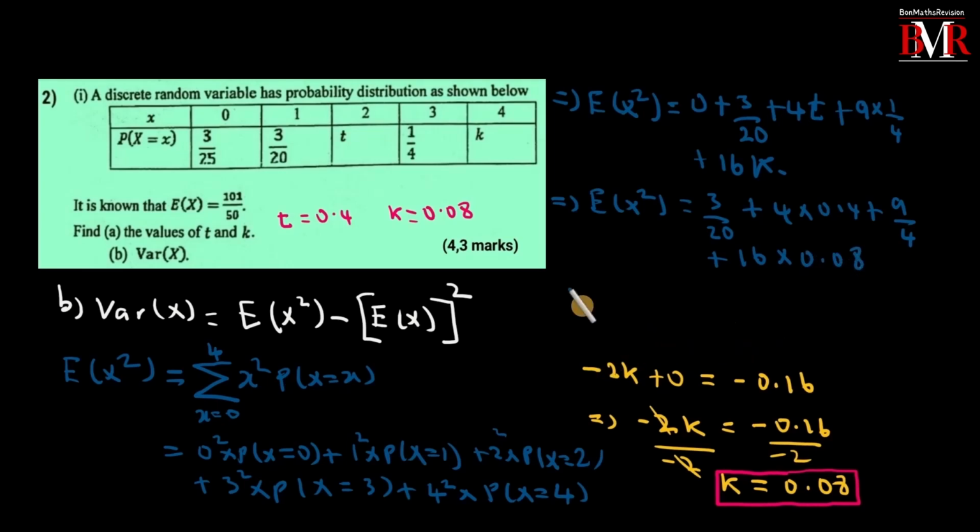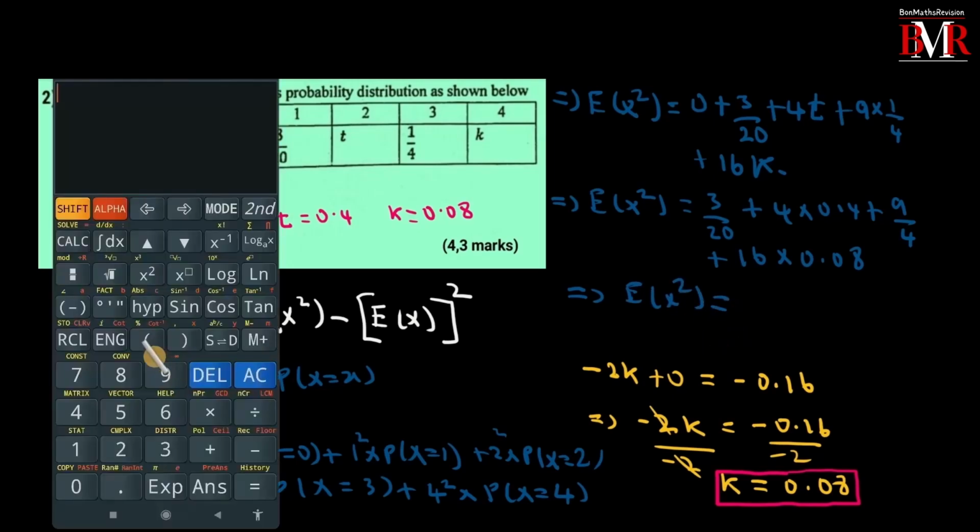That is, the expectation of X squared is equal to (3 over 20) plus (4 times 0.4) plus 9 over 4 plus (16 times 0.08). The final answer here is 5.28. That means E(X squared) is equal to 5.28.